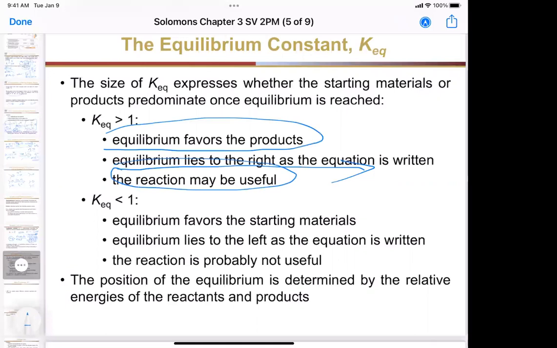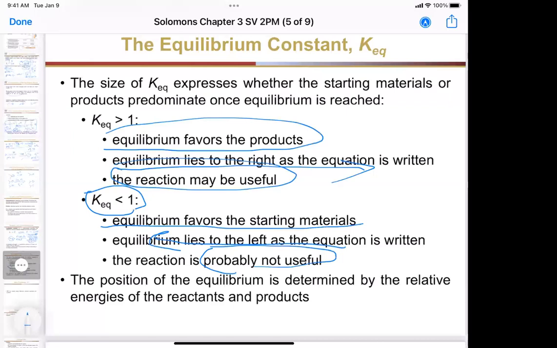Now, if the equilibrium constant is less than 1, that means it prefers the starting materials to the products you're forming. It just wants to stay as starting materials. We draw the arrow going the other direction, toward the starting material side of the reaction. These reactions tend to not be as useful.